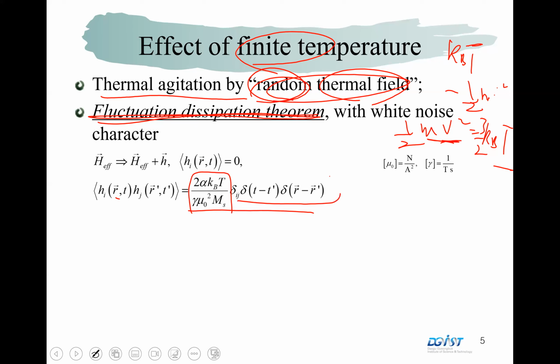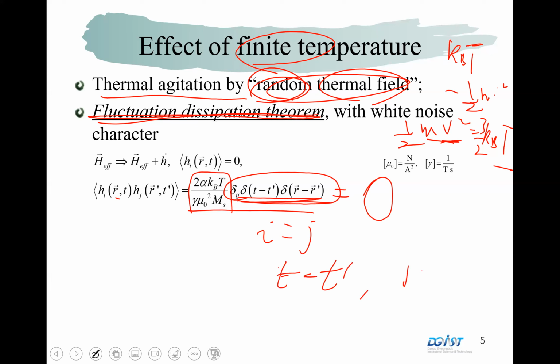But what's the meaning of this delta function? You know the mathematical meaning of the delta function, right? According to this delta function, this equation is always zero, except when i is the same as j, t is the same as t prime, and r is the same as r prime. Otherwise, it's zero because of the delta function.